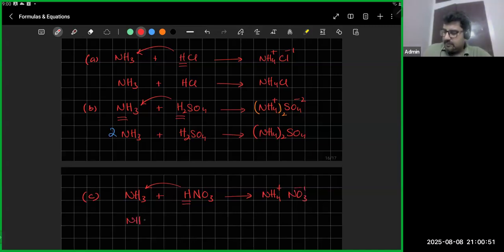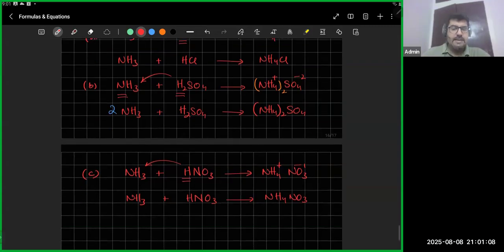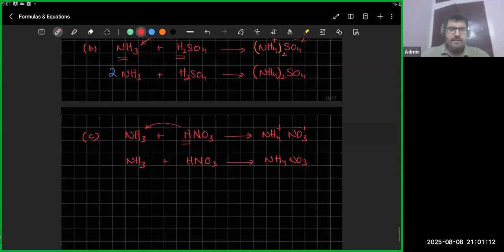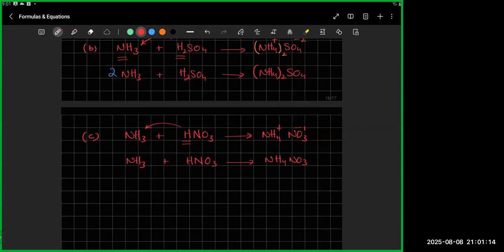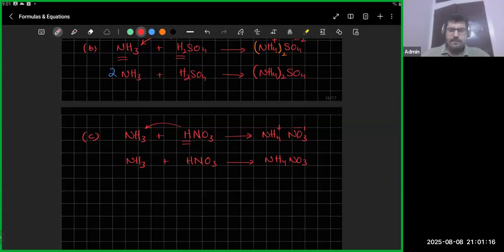So rewrite this: ammonia plus nitric acid, and this is going to be NH4 and NO3. Okay, one more. Is this clear to everyone? You clear? Yes, sir. So that's the fourth equation.